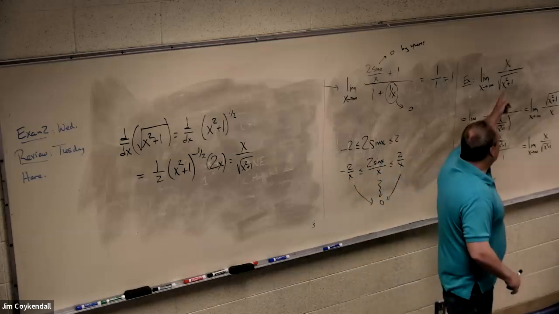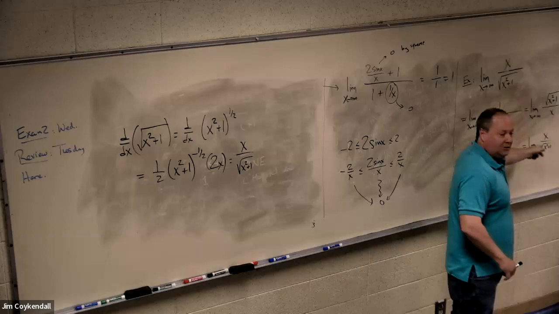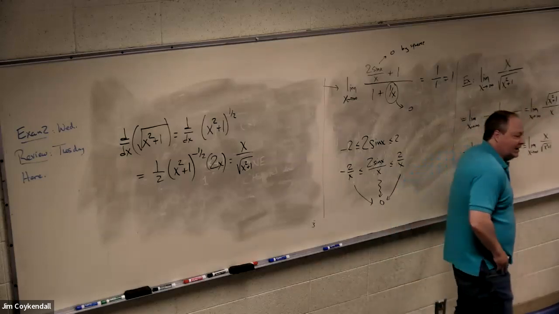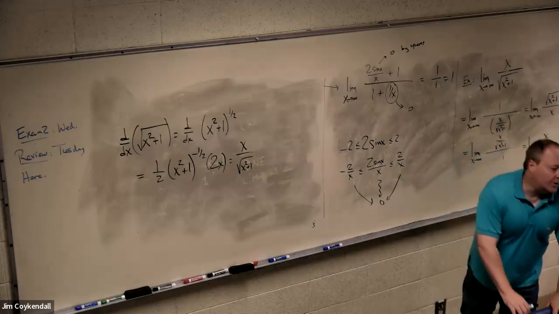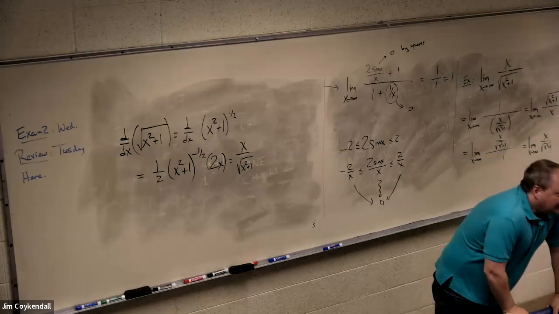That's right. This is circling the drain right here, right? Because I've gotten back in 2 steps where I started. By the way, anybody want to guess what this is? Actually, this does show something. I don't know at this point if the limit exists, but if it exists, it has to be 1 of 2 numbers.